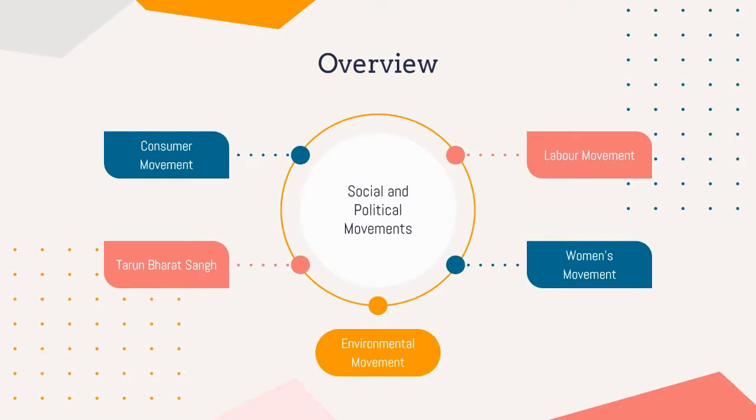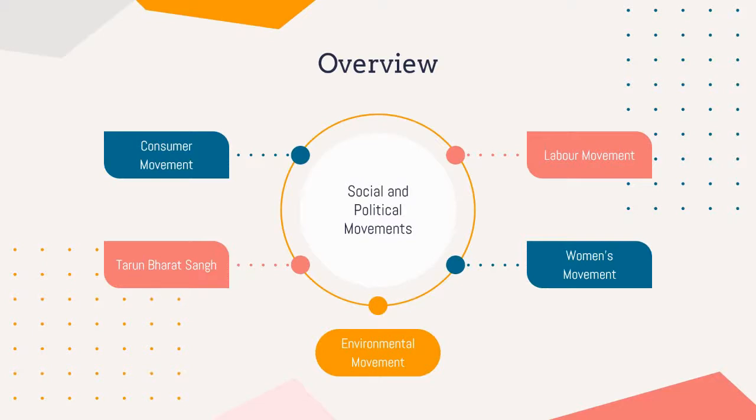The next movement we talked about is the women's movement, where we learnt about different people who took initiative in bringing reforms in the life of women, such as widow remarriage, women's education, right to vote, etc. They also resolved to solve the problems of sati and child marriages.